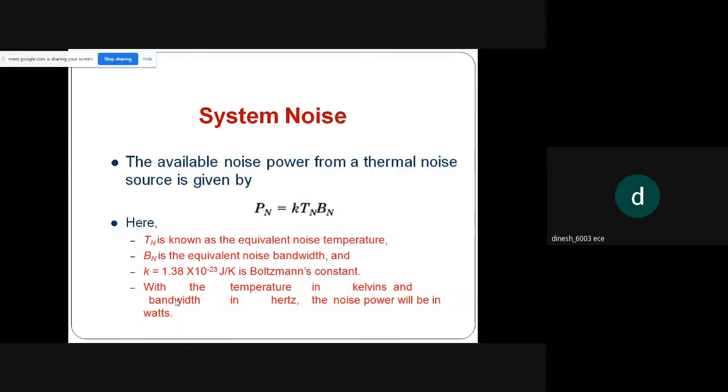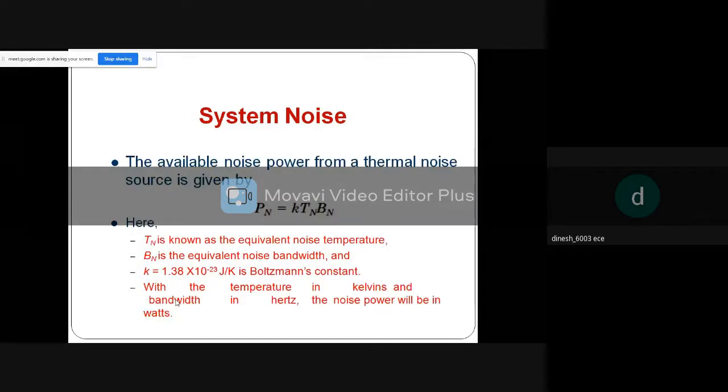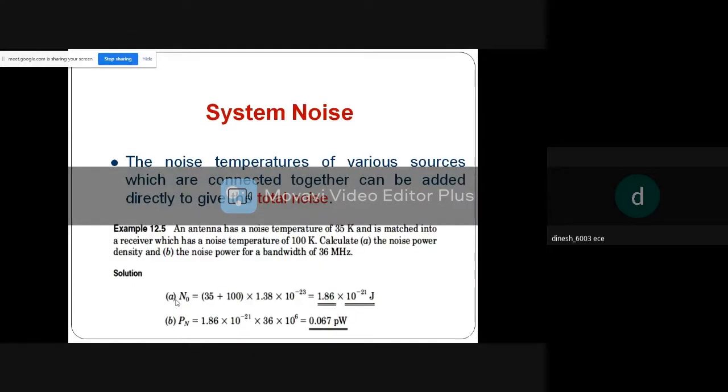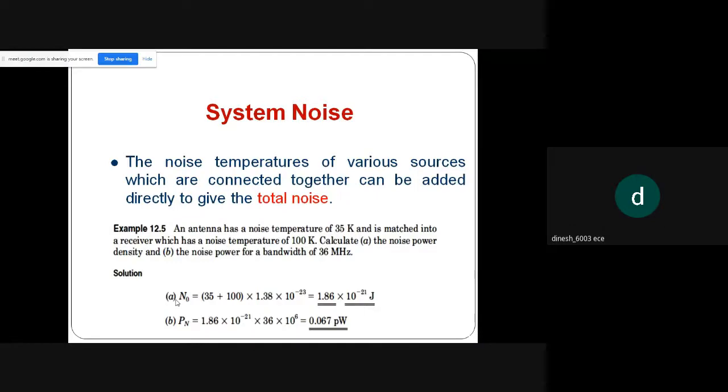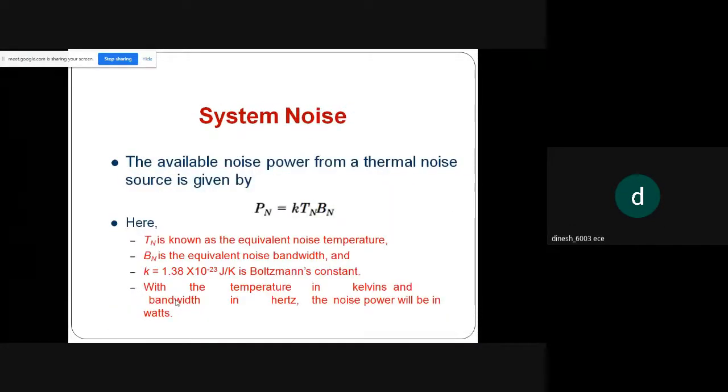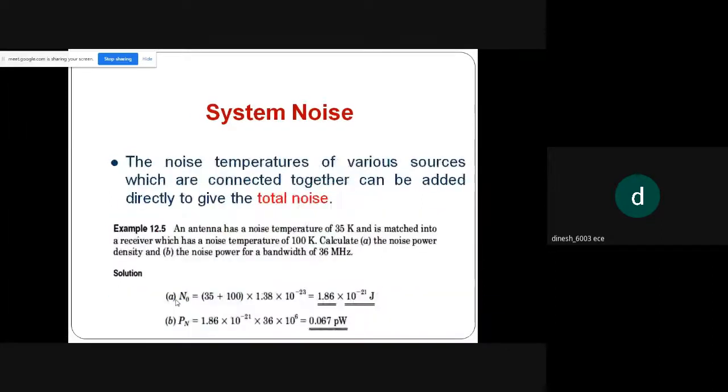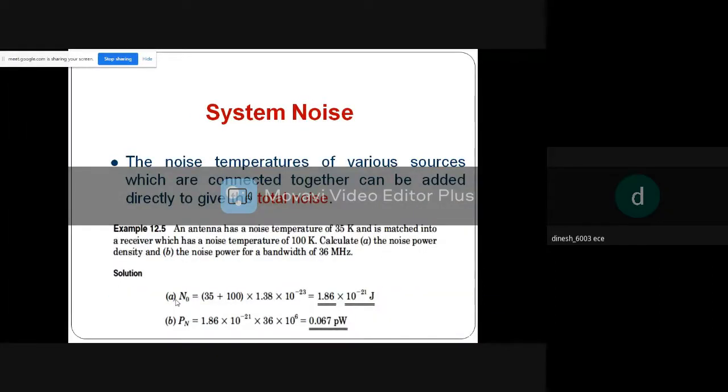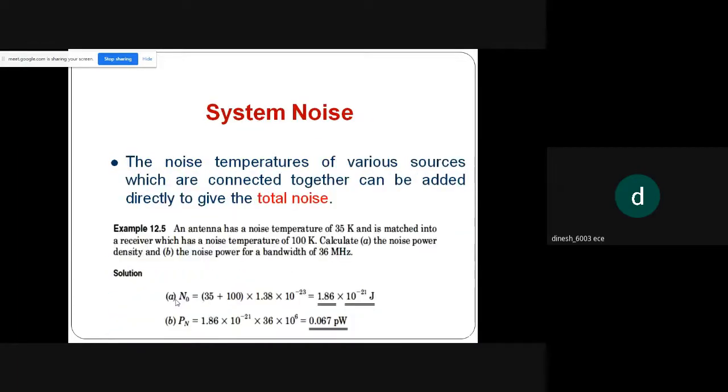Next, we need to find Pn. Pn is K Tn Bn. K Tn we have already found. It is 1.86 into 10 power minus 21. And Bn, which is the bandwidth in hertz, is 36 megahertz. So 36 into 10 power 6 we get. The noise power for the bandwidth of 36 megahertz is 0.067 picowatts.